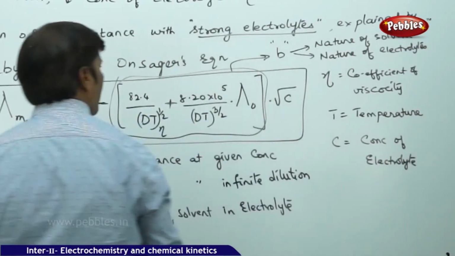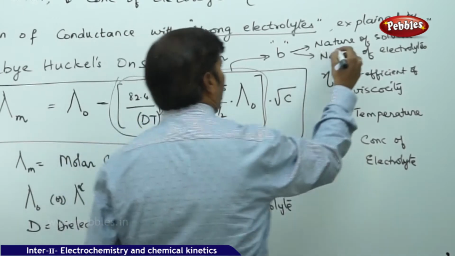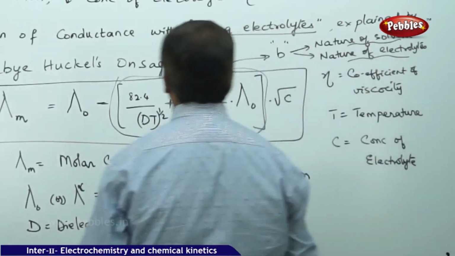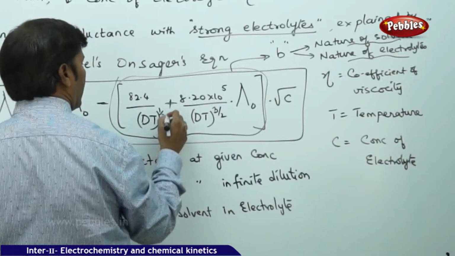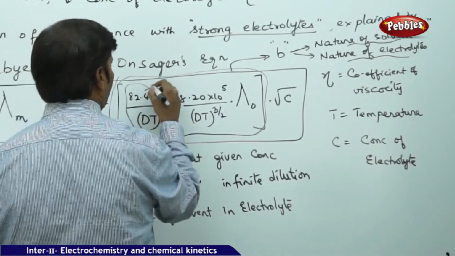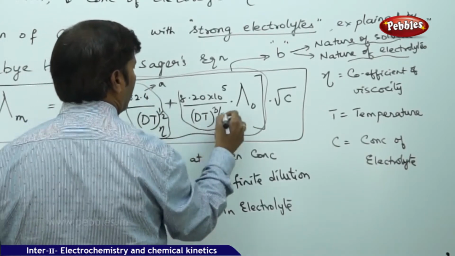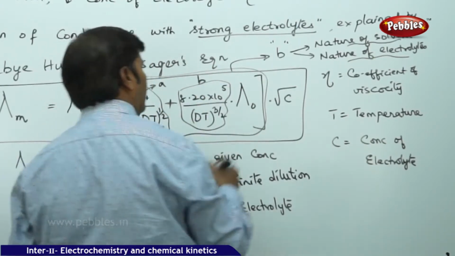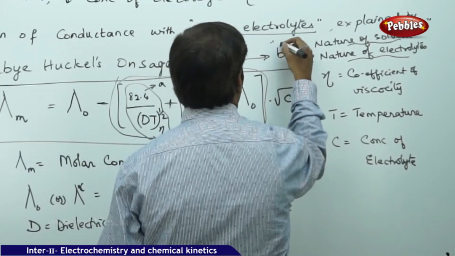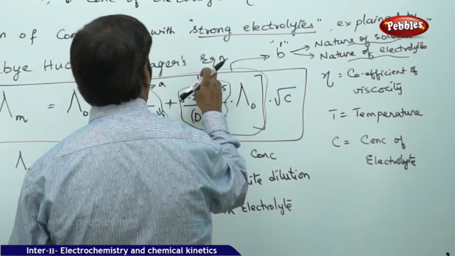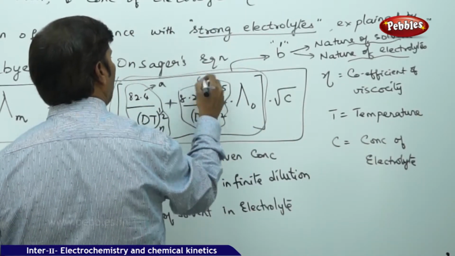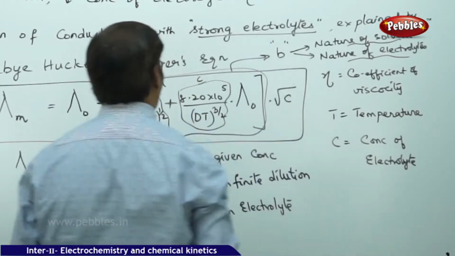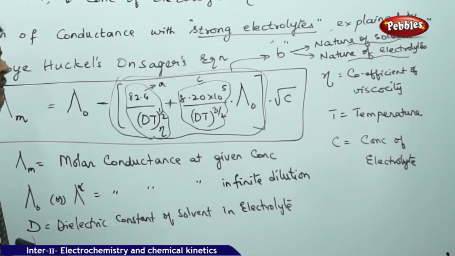I will consider one term as A, and the other term as B, where A and B are the physical constants, Debye-Huckel's constants.